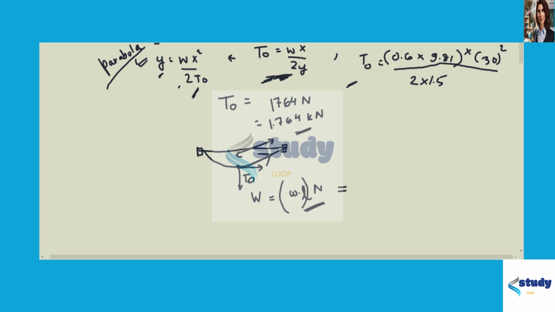So that is, L is 30, and our small w was 0.6 times 9.81.